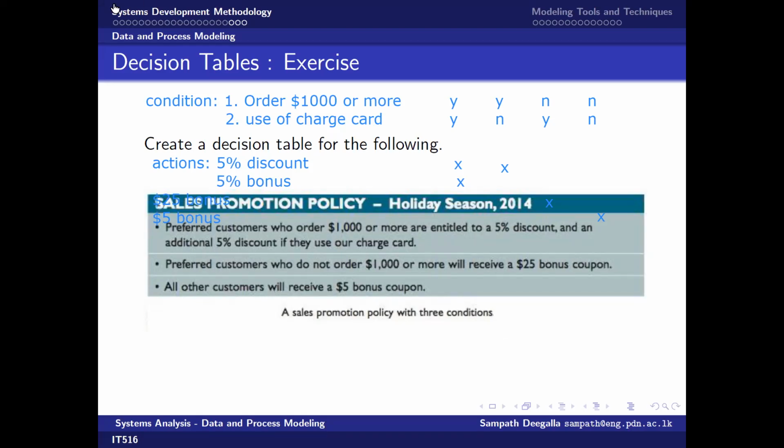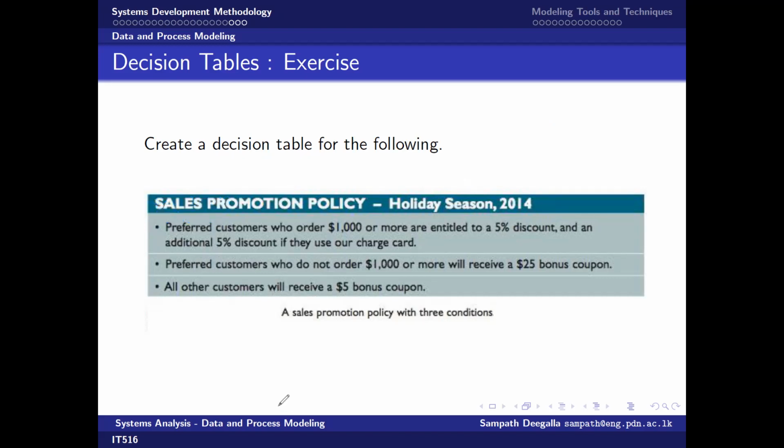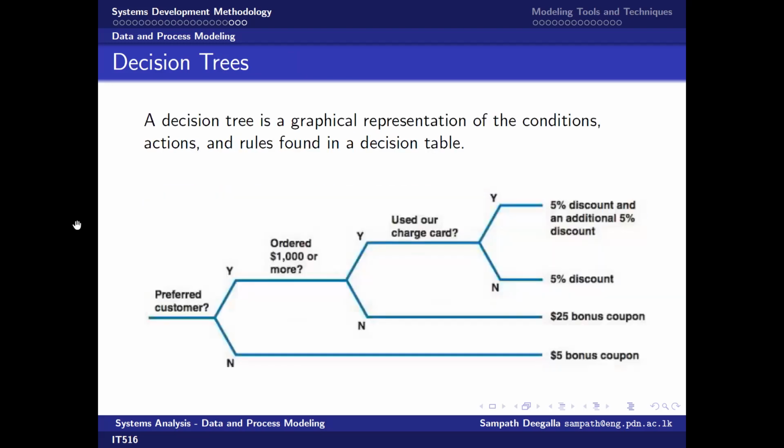Right. Okay. So that's about decision tables. The third one and the last one we are going to discuss today is called decision trees. A decision tree looks at the same thing, but in a different graphical representation, right?